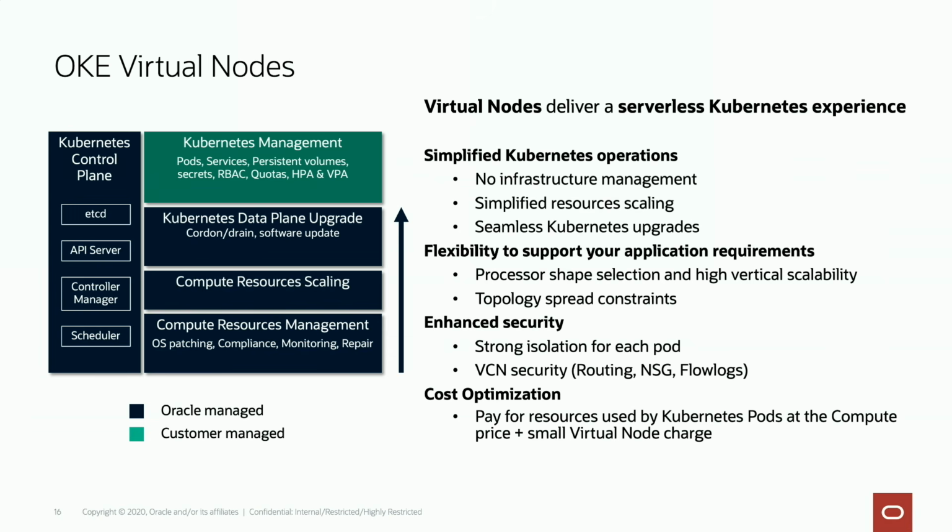And so what it means is that it opens doors to using Kubernetes to run multi-tenant applications, to run SaaS applications with multiple tenancies within one Kubernetes cluster. So far, we were hesitant to do this. With virtual nodes, you have the isolation built in for each pod, and so that opens the door to it.